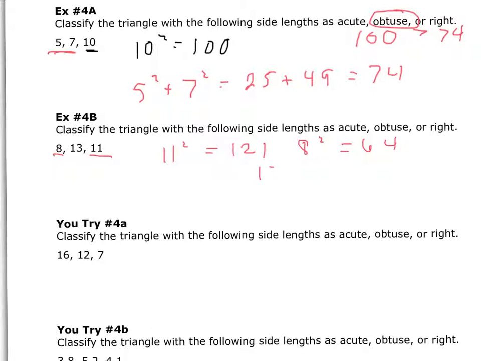So if we take 121 plus 64, that's going to give us, what, 185? And then, of course, you can take 13 squared, that's our hypotenuse, and 13 squared is 169. And since your hypotenuse, 169, is less than 185, that's going to give you an acute triangle.